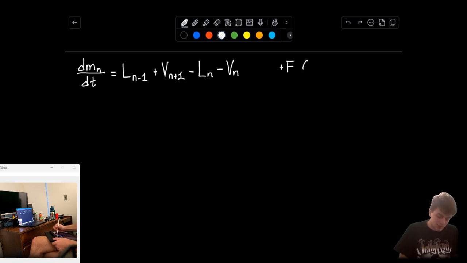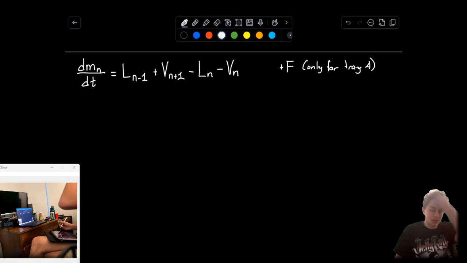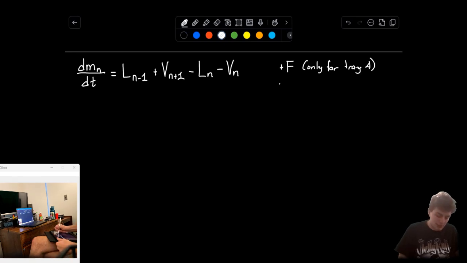This is only for feed tray 4, right? But yeah, that is it. I guess if it were the top stage, you would be losing some extra amount D. If it were the bottom stage, you'd be losing some extra amount B. So this is stage 1. This is stage 7, right?